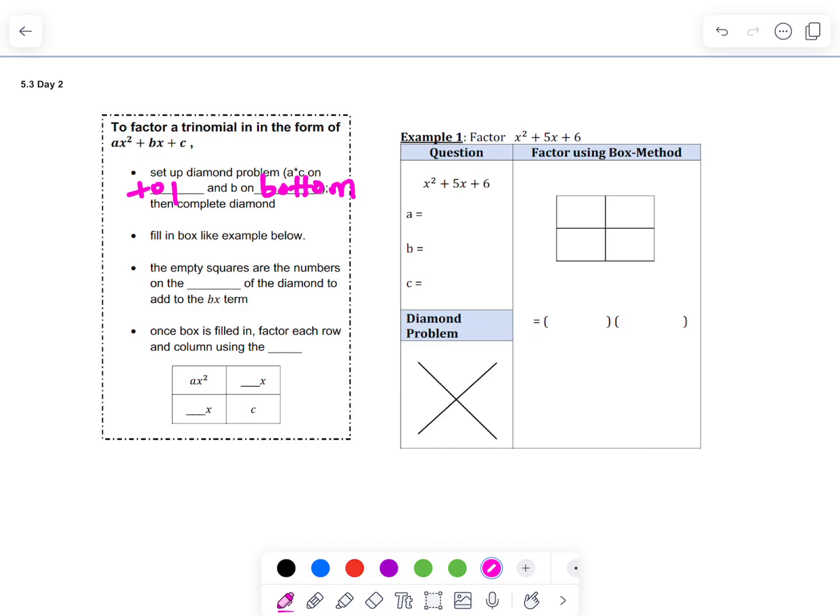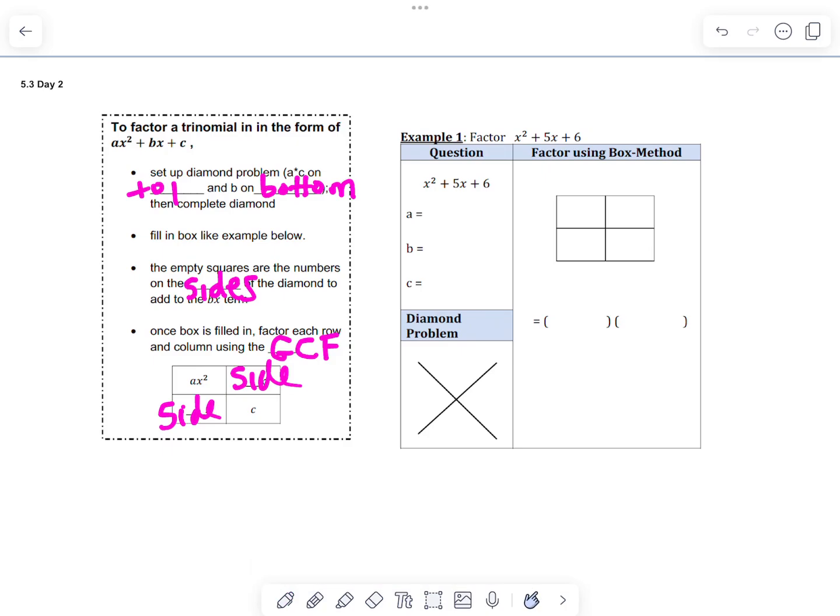The empty squares are the numbers on the sides of the diamond that add to the bx term. Once you set up the box, factor each row and column using the GCF. And then again, the box setup is going to be your side and your side. So let's go ahead and do an example.